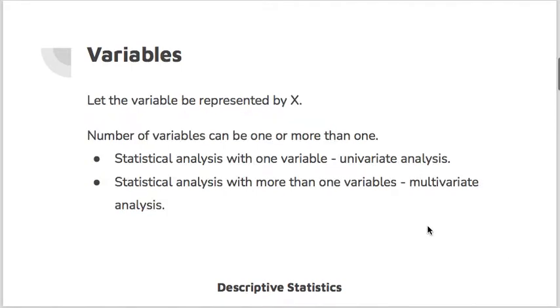For example, let the variable be represented by x. The number of variables can be one, or more than one. Whenever we deal with one variable, the statistical analysis we use is called univariate analysis. Whenever we deal with more than one variable at the same time, we call it multivariate statistical analysis.